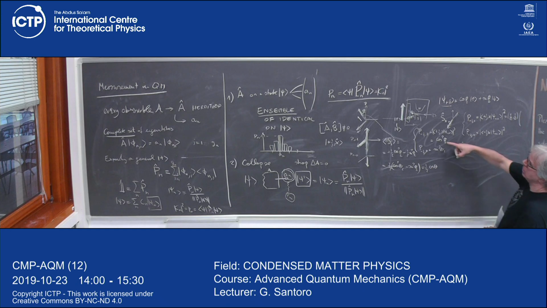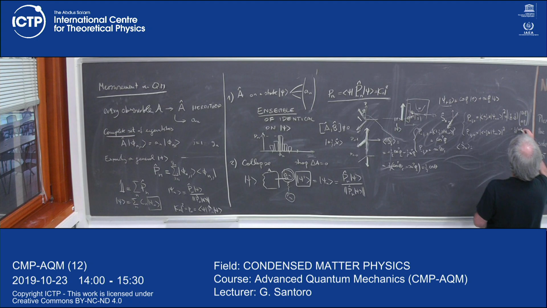And this is cos theta over 2 and sine theta over 2. So it's this scalar product modulo square that I have to calculate. So it's 1 over square root of 2 times cos theta over 2 plus sine theta over 2, squared.